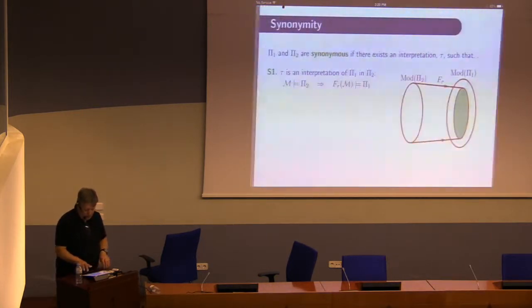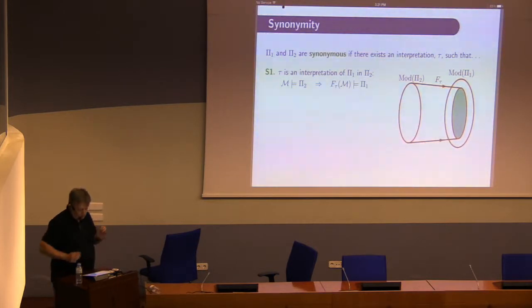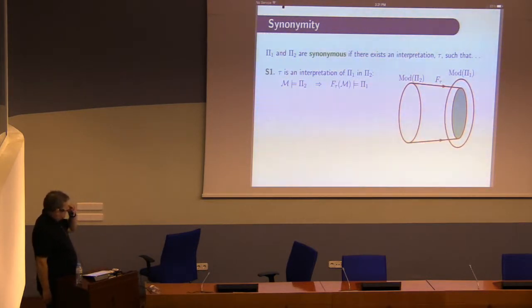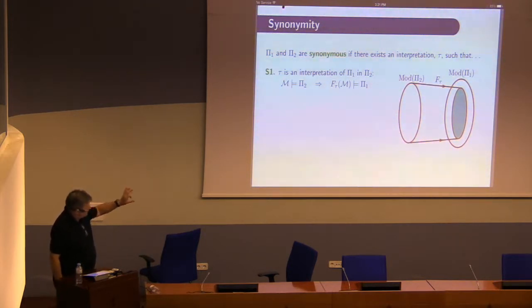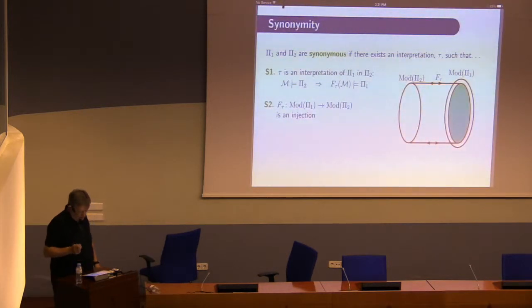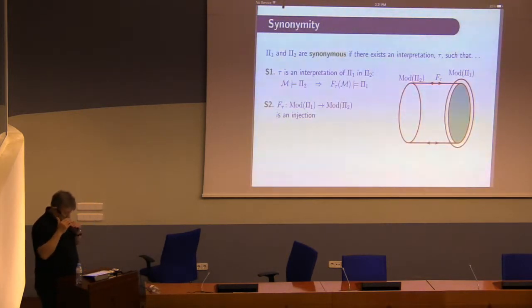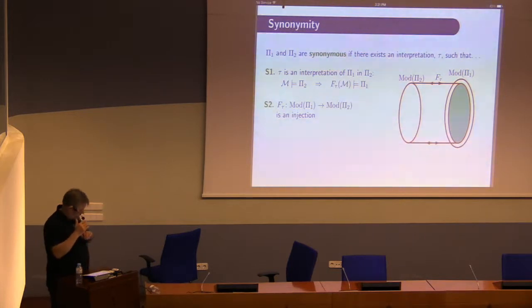So how do we get synonymy? Well, the first thing we need is an interpretation, and this takes the models of pi2 and the models of pi1. The second thing we need is that this semantic mapping is an injection, and that it's faithful.